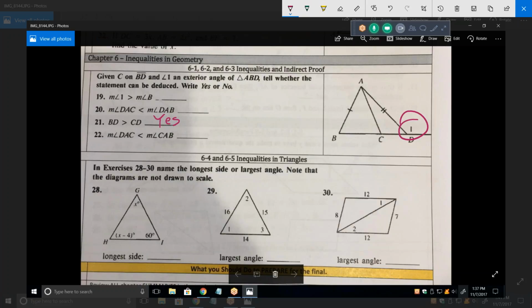BD is greater than CD because of the line segment theory. You have an angle segment theorem and you have a line segment theorem, and that's a line segment. BD is on the same line as CD and it's bigger. If all they want is a yes or no, then we got that.